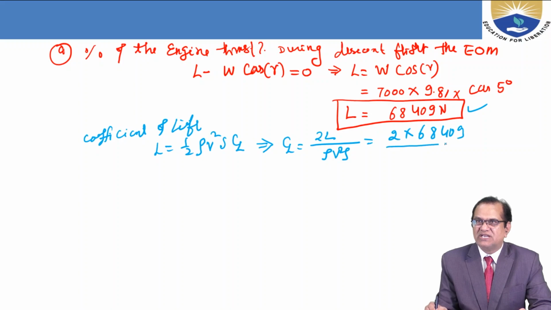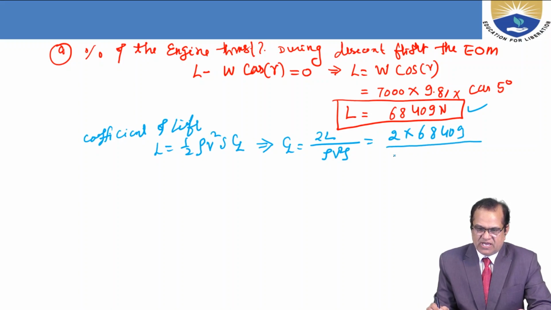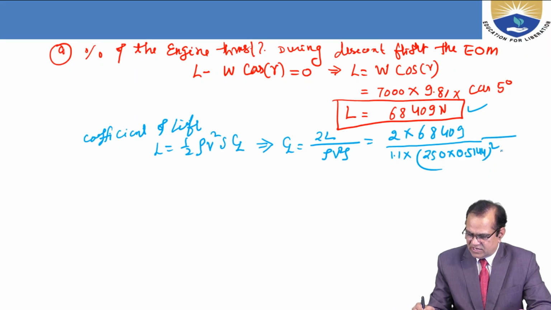68409 Newton divided by rho, rho is given as 1.1, into V, which is given as 250 knots. So 250 into 0.5144 square, into area is 31.83.